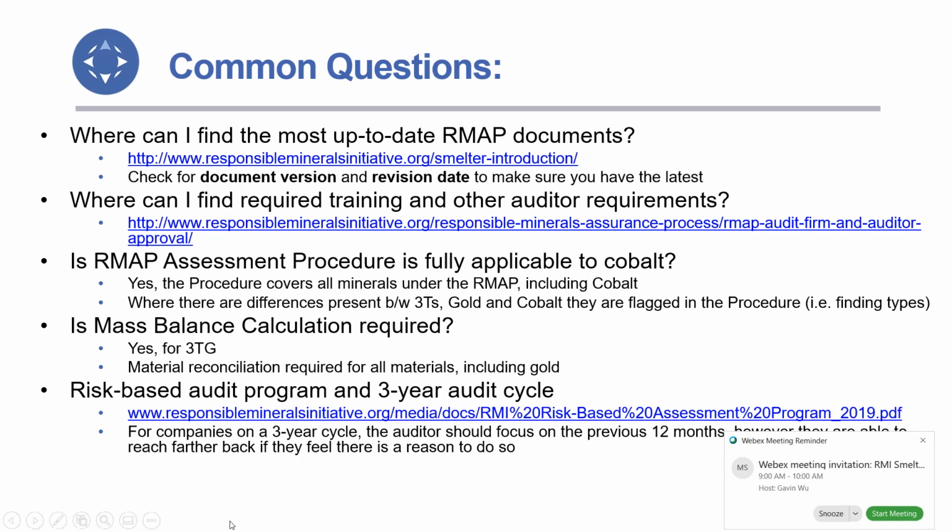That's really important. If the auditee is telling you that, no, it's just the past 12 months, that is not correct. If there is a reason for you to look past 12 months into the past 24 months, for example, let's say you're doing a transaction review or KYC review and there are a lot of gaps, as an auditor, you are completely within your rights to do so.